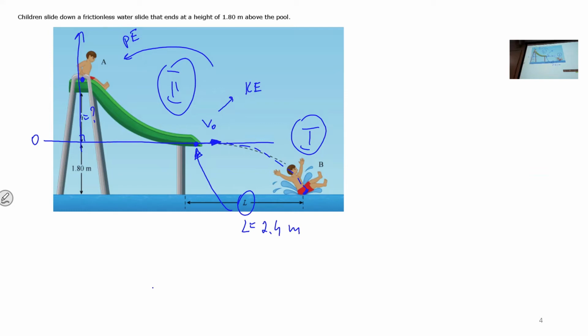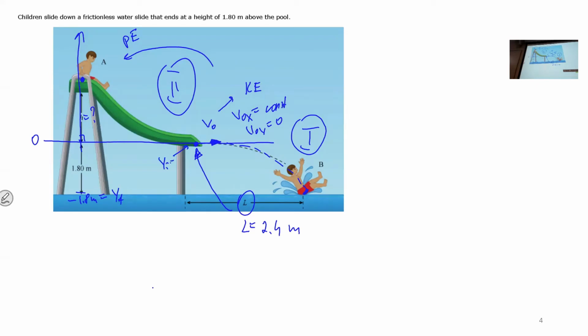Not the best situation. So the initial velocity here is horizontal. Initial x is constant. Initial y is 0 here. And relative to y-axis, this is going to be negative 1.8 meters. That's y final.